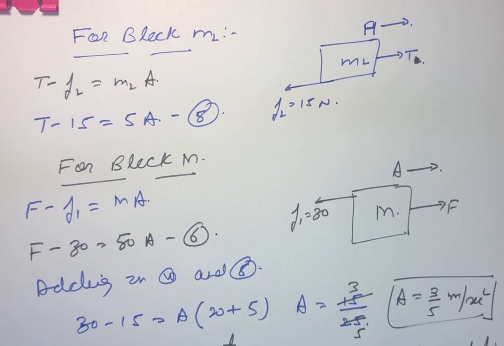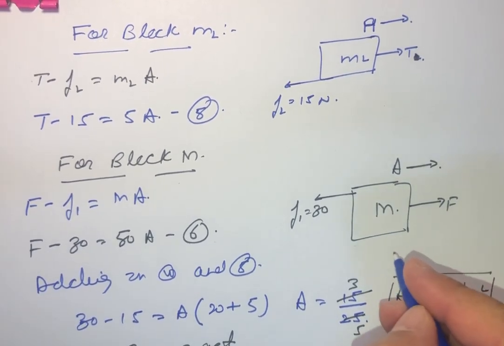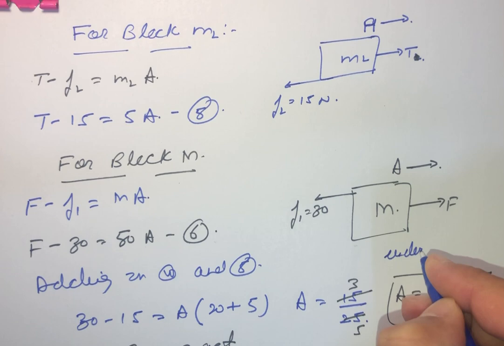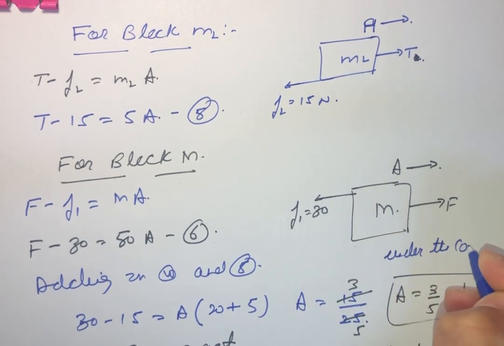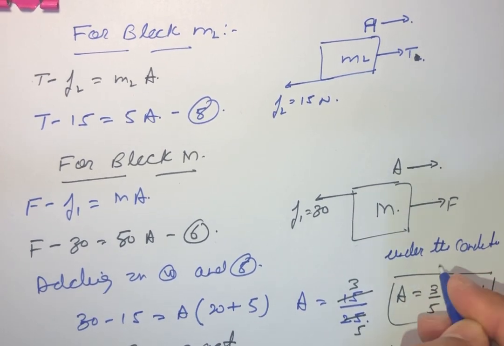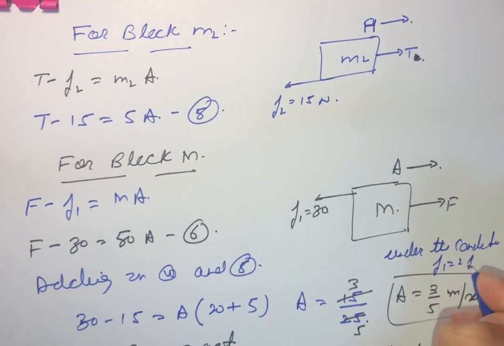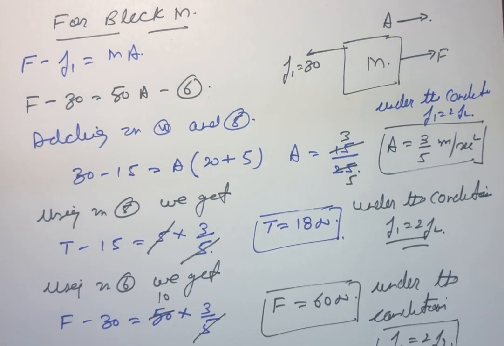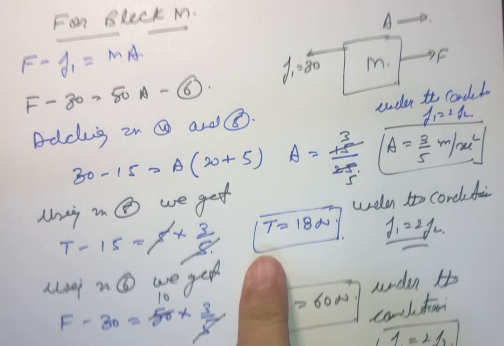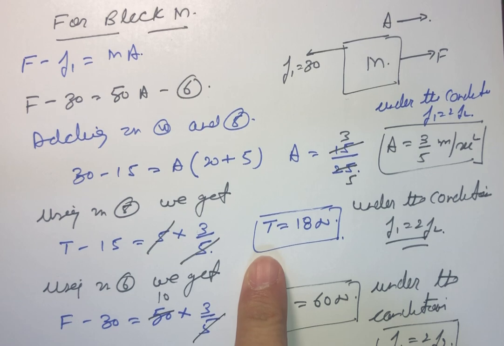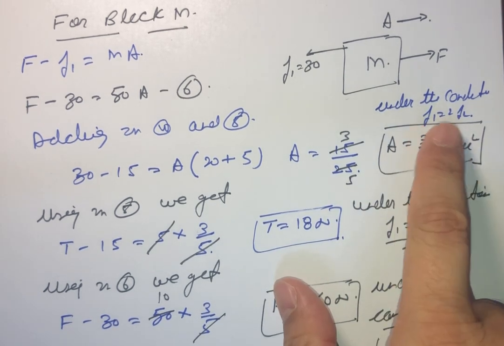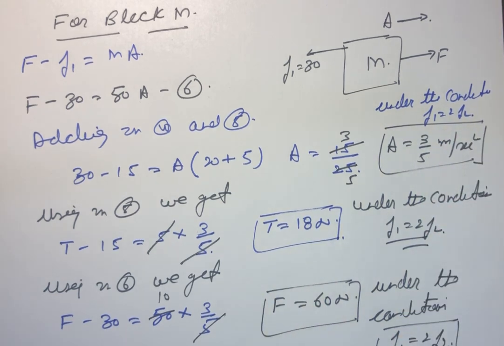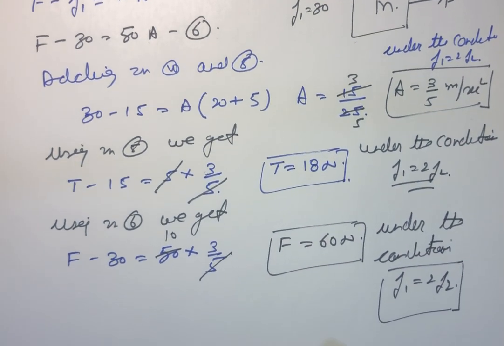This acceleration is also under the condition F1 is equal to twice F2. Okay. So we are mainly interested in finding out the value of force, tension, as well as F1 and F2, which we already calculated under the condition that F1 is equal to twice F2. Okay. This completes the question. Thank you.